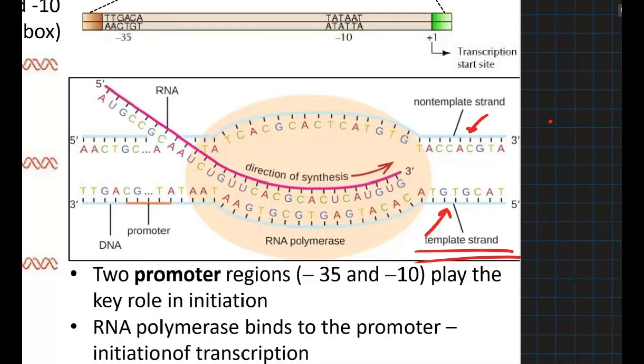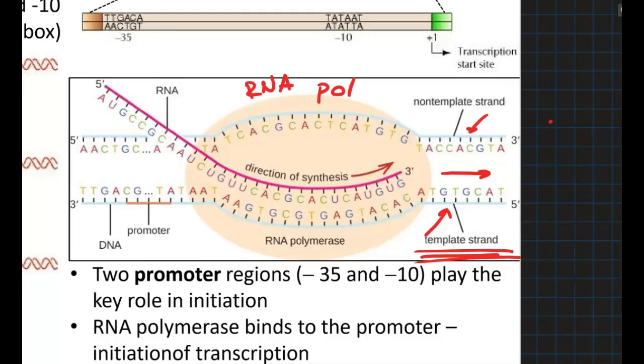So this enzyme, RNA polymerase, by the way, it moves in that direction. RNA polymerase reads only one DNA strand, only the template strand. Does it make sense? Okay.